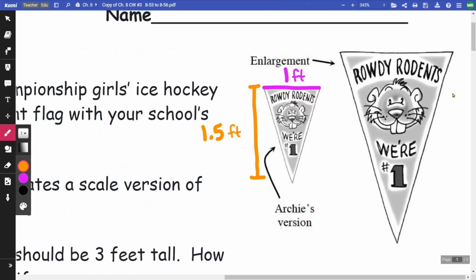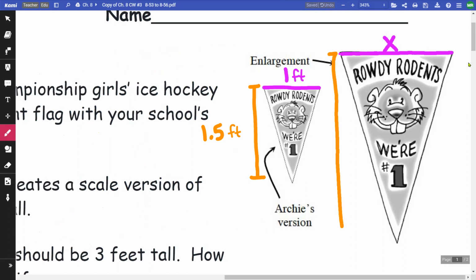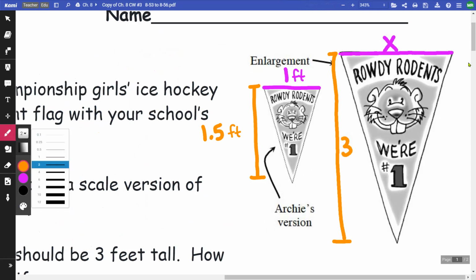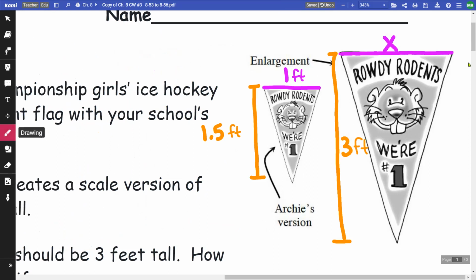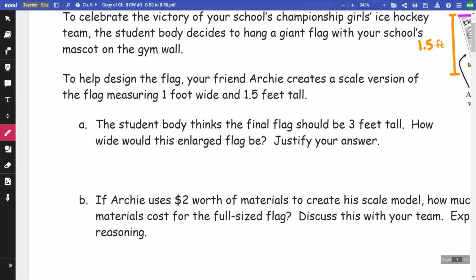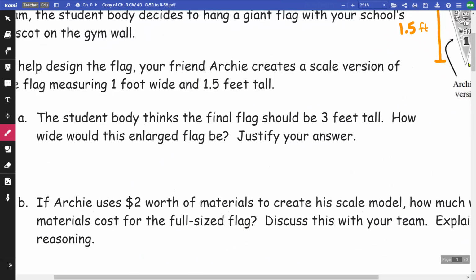So if I'm looking at this, I don't know what this is, and I'm going to call this X. I know that the length from here to here is going to be 3 feet. So right now you can pause the video and see if you can figure out what that X should be. That is the answer you're going to write for A. Then come back and I will state the answer. So you want to pause and try.